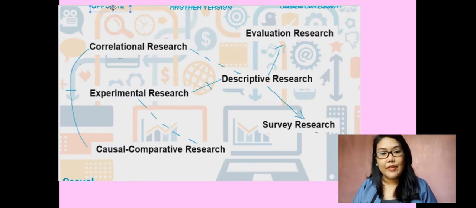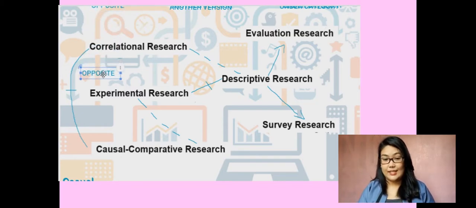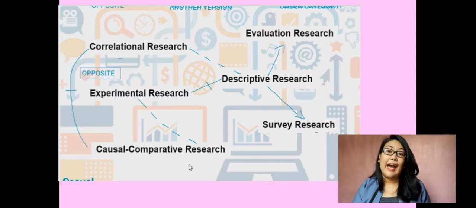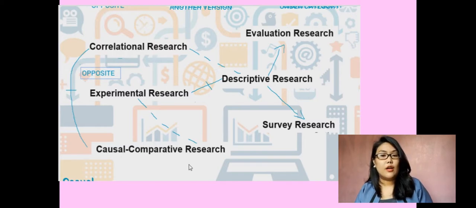The lines having a cross on them look like opposites. Yes, opposites. Correlational and causal comparative, we could say they are opposite in a way that one answers how, the other one answers why.